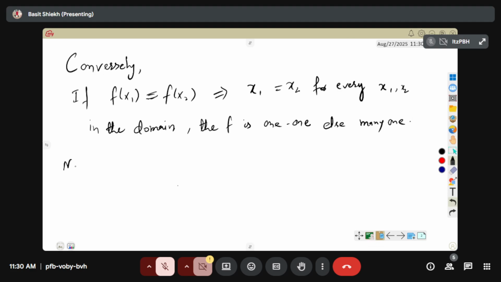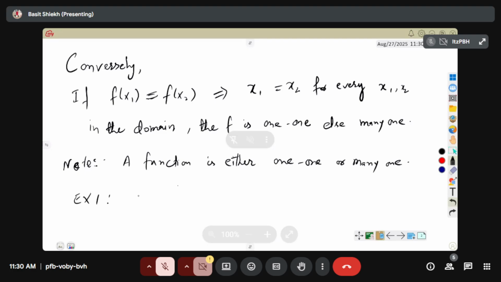And you can write a note here: a function is either one-one or many-one. A function can be one-one. If it is not one-one, it's many-one. Is this clear? Okay, we can try examples here.